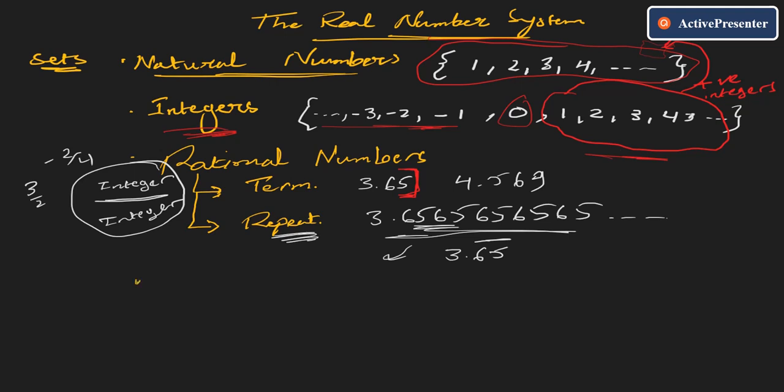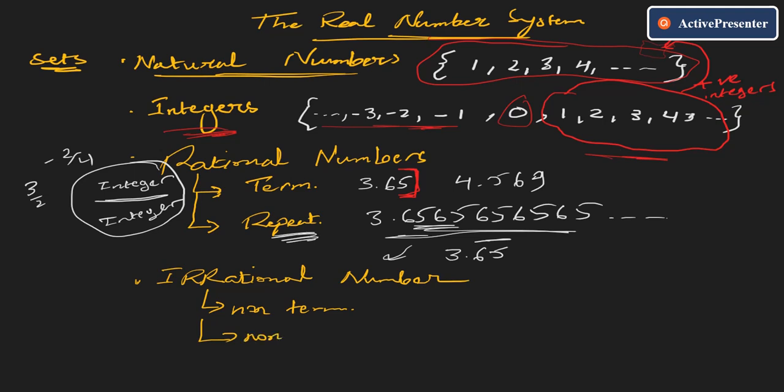The irrational numbers are those numbers that are non-terminating and also non-repeating decimals.